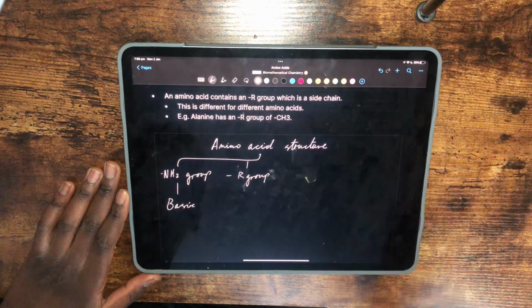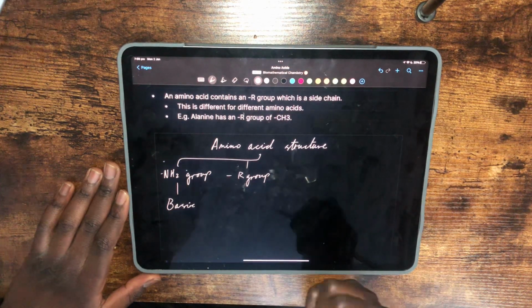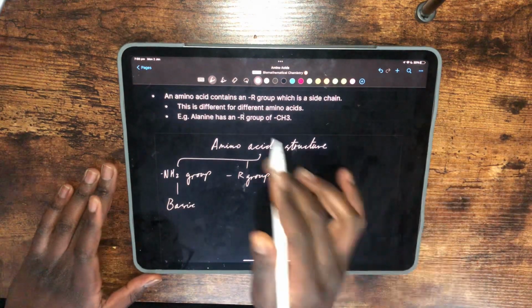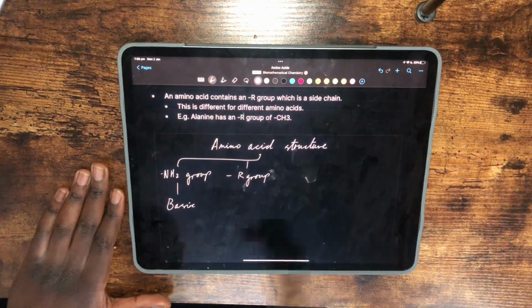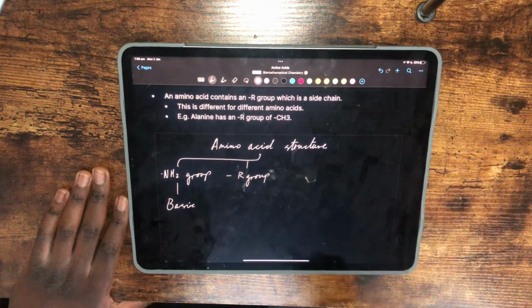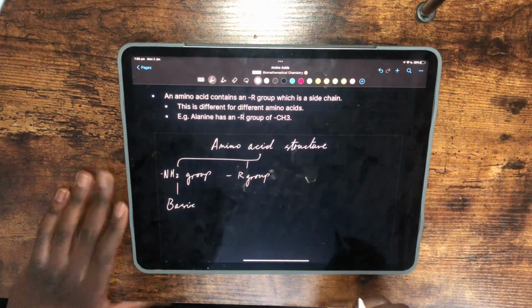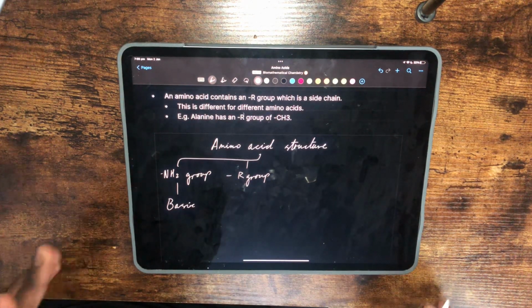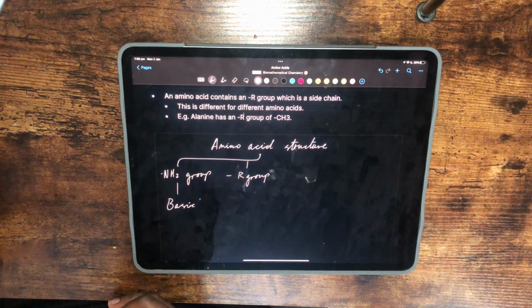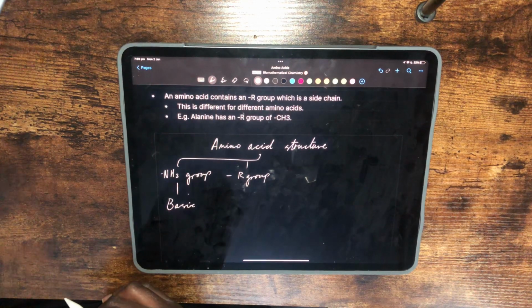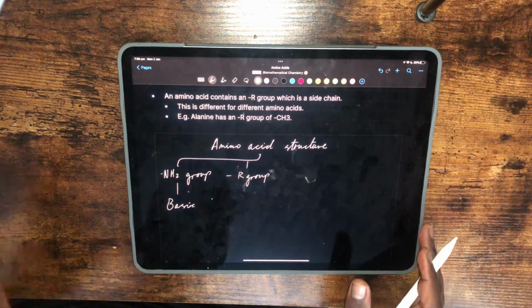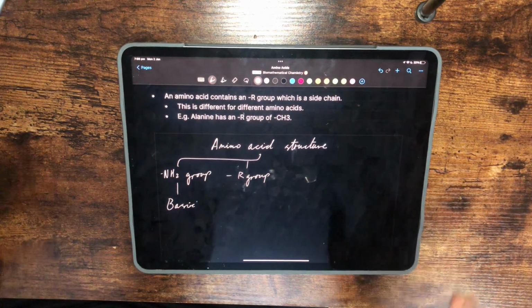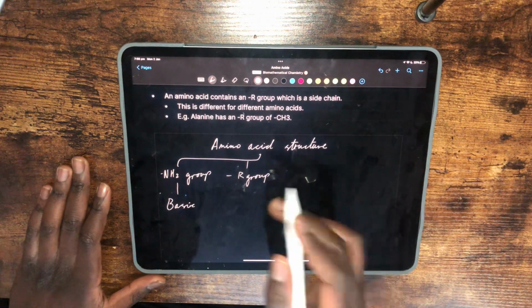Different amino acids have different R groups, and this is the reason why I'm telling you the basic things about amino acids. When you learn about chromatography, such as column chromatography, and the different types of stationary phases, understanding that R groups can be basic or acidic matters.